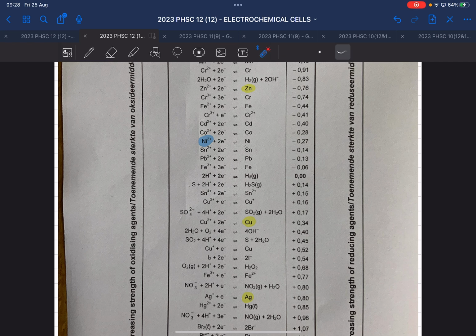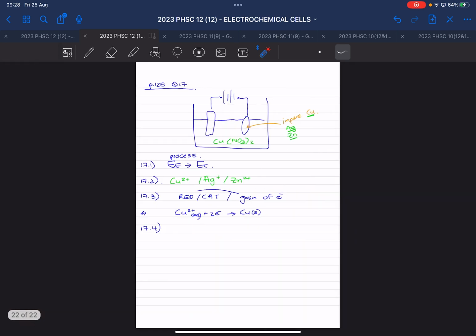So let's see if we compare a zinc with copper. Then this will go that way, and this will go that way. Okay, wait. Is that the question that they ask? Explain why the purified copper... Wait, sorry. They ask why.